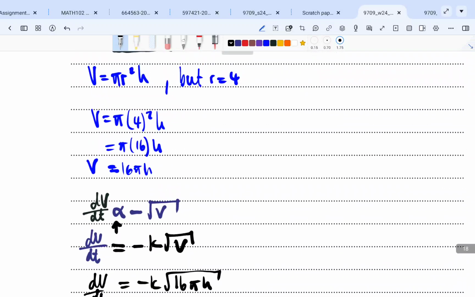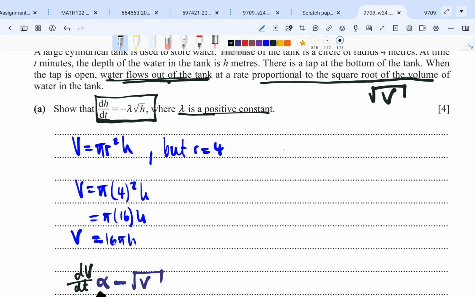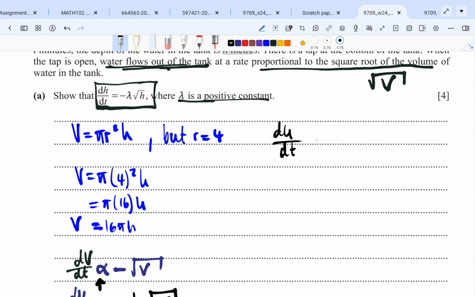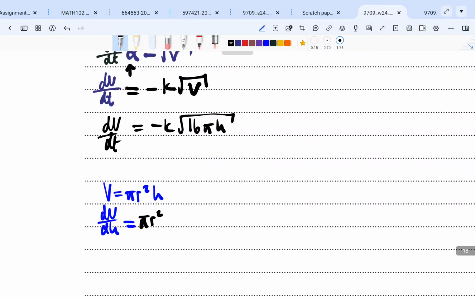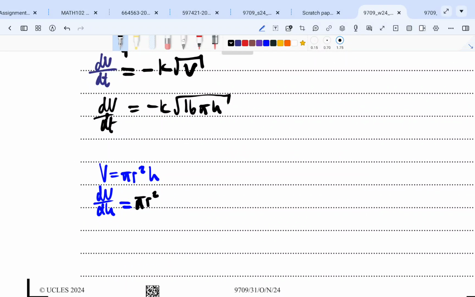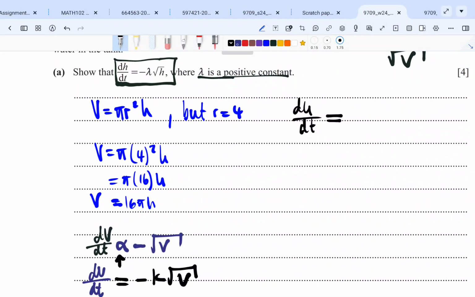Now, what do I want? I want dh/dt. So you're going to write dh/dt. Okay, so now we want dh/dt. What would it be? We need to have two things. I have dV/dt and I have dV/dh. So what am I going to do? To get dh/dt is going to be dV/dt, yes, times what?